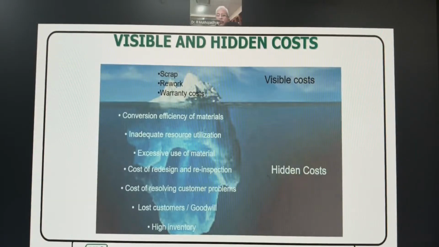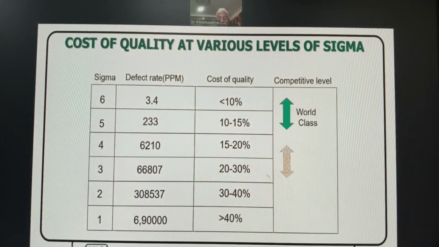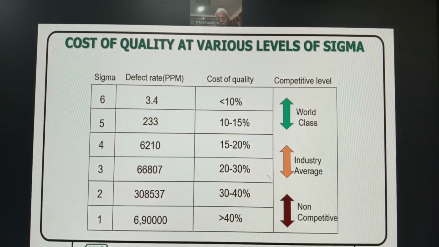In a world-class company, generally the cost of quality is less than 5%. When you go for Six Sigma, the cost of quality is less than 10%. Now if you are working at Three Sigma, the cost of quality is 20 to 30%.